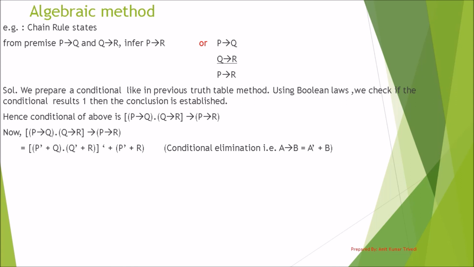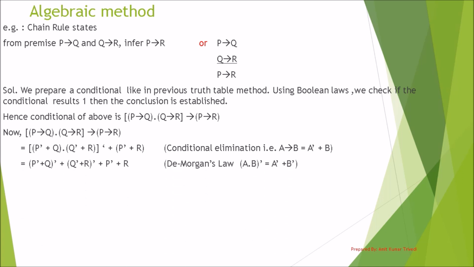That means we can remove this implies symbol, as A implies B can be written as A complement plus B. In this example you can see P implies Q can be written as P complement plus Q, Q implies R can be written as Q complement plus R, then the whole bracket complement plus P complement plus R.